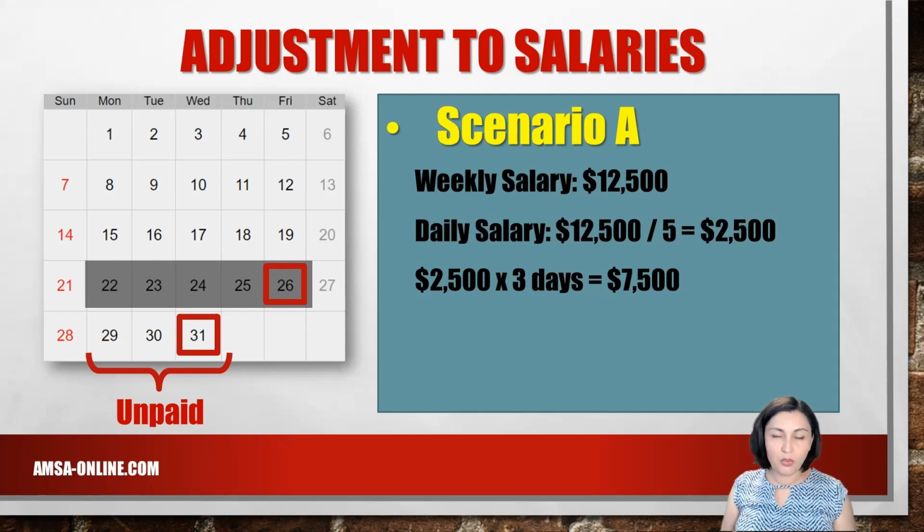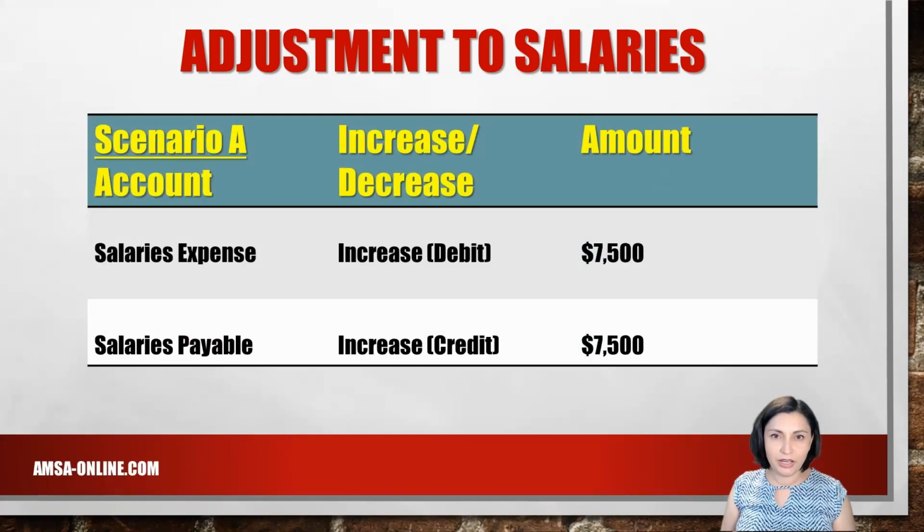As a result, we have $7,500 for 3 days. An adjustment entry at the end of the month for accrued salaries includes an increase in salaries expenses of $7,500 and increase to salaries payable for the same amount.